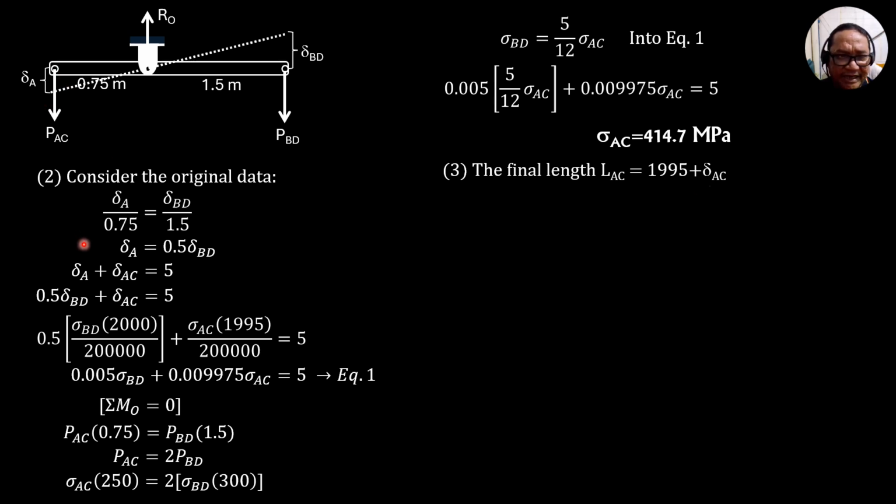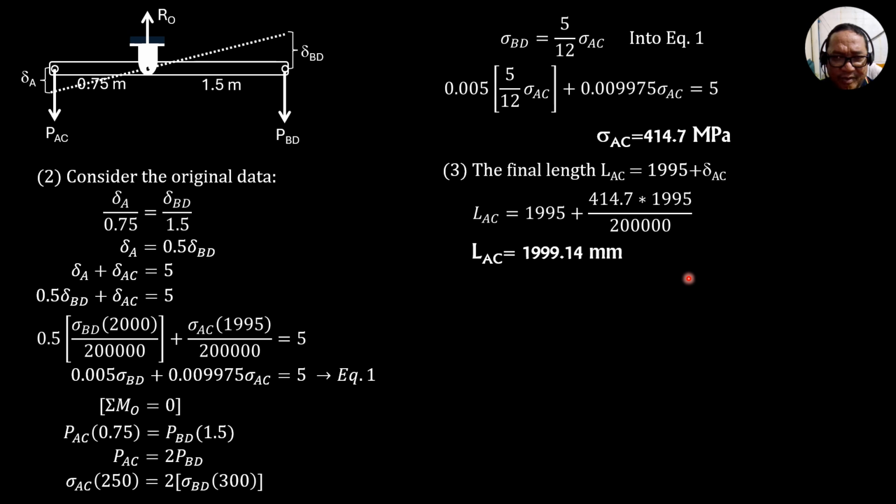Originally, it is 1995 mm, then plus the deflection in AC due to the stress in AC. Since stress in AC has been found, the deflection is simply stress times length in AC divided by E. So length in AC final is 1995 plus 414.7 times 1995 divided by modulus of elasticity. So LAC is equal to 1999.14 mm.